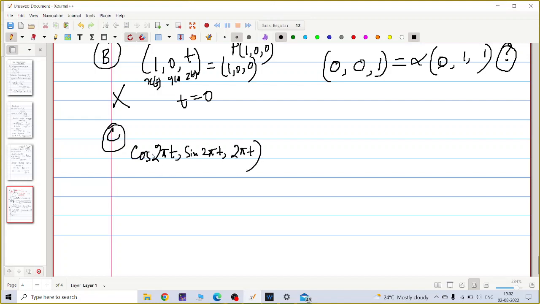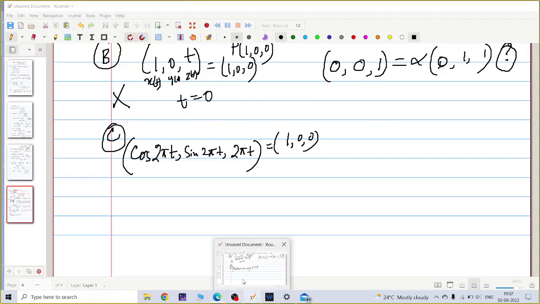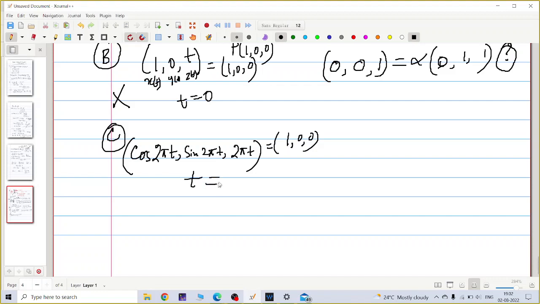So you have to check for which t equal to t0 this point 1, 0, 0 lies. For which t? Tell me. The question is given at the point P, so you have to check for which t0 it is happening. It is t equal to 0, right?